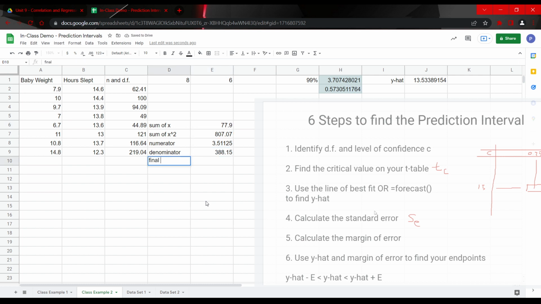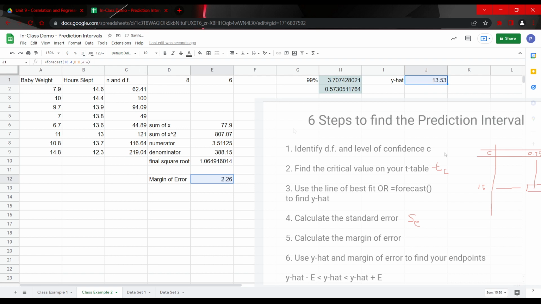My final square root is equal to the square root of 1 plus 1 over 8 plus the numerator divided by the denominator of that weird fraction. And finally, I can multiply it all together. For my margin of error it is this one times this one times this one. So my margin of error is about 2.26.